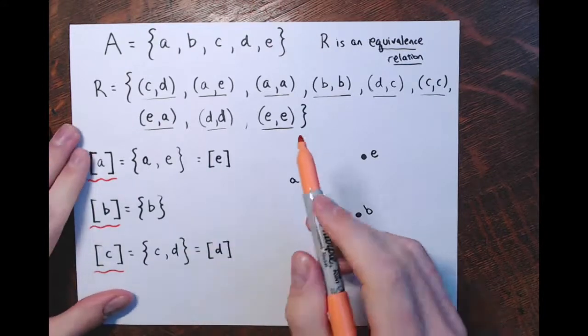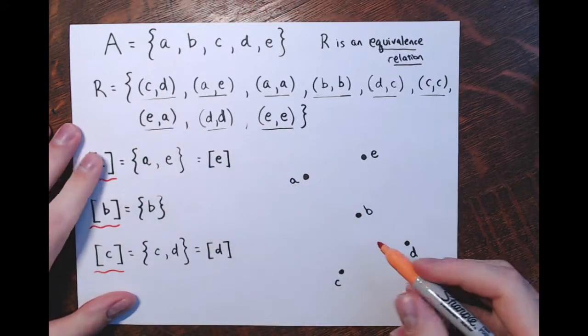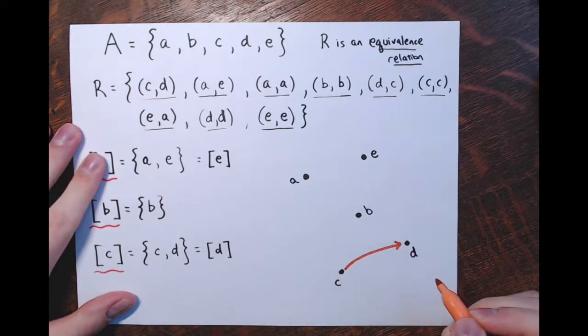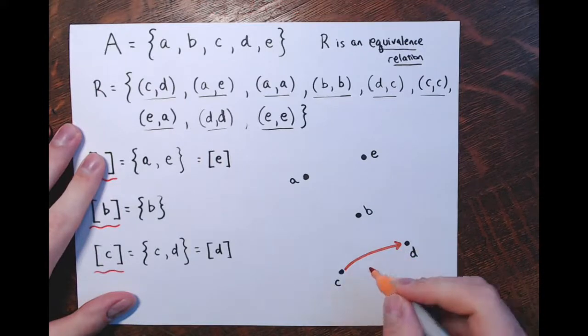So we had C related to D, and it's got to be symmetric, so D's got to be related to C, but we'll get to that, right?